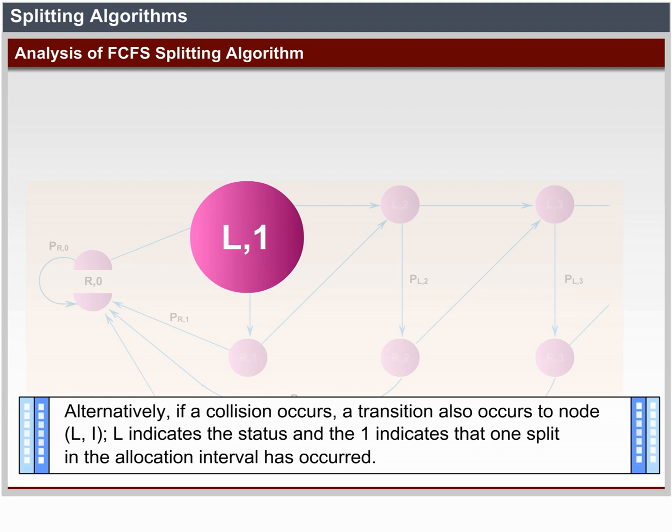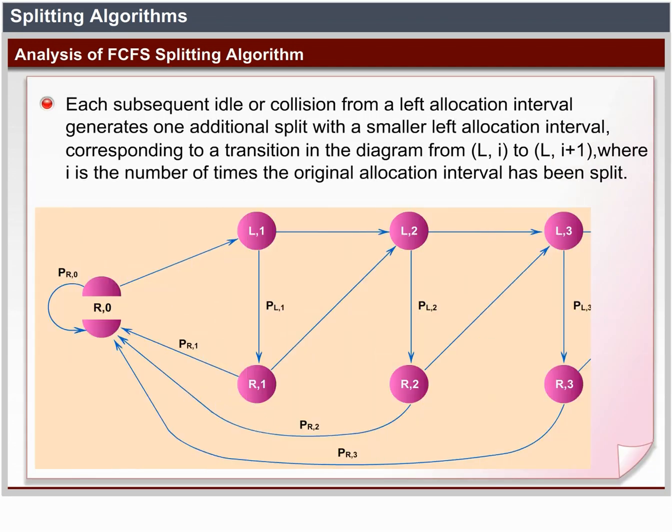Each subsequent idle or collision from a left allocation interval generates one additional split with a smaller left allocation interval, corresponding to a transition in the diagram from L, I to L, I plus 1, where I is the number of times the original allocation interval has been split.